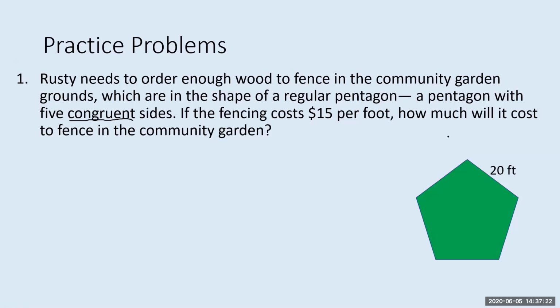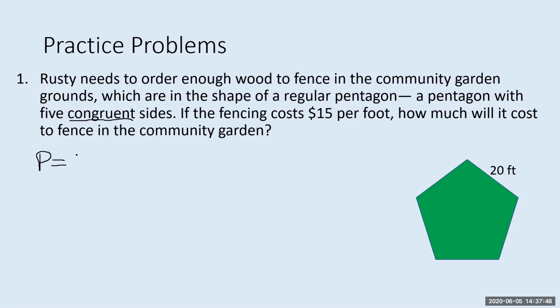So we need to know how much fencing do we need, right? For our project, if we want to fence in this garden, we need to know how much fencing we need. So fencing to go all the way around the garden is going to be the perimeter, right? The total distance around the shape, the total amount of fencing we need, is the perimeter.